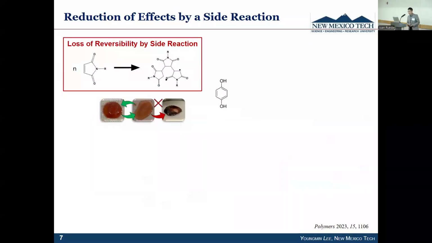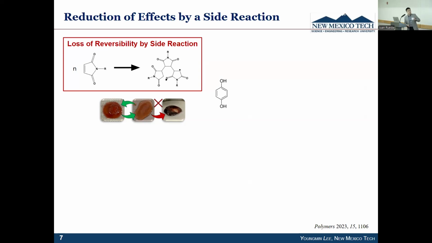Next, during this project, we found a side reaction causing loss of recyclability. In the initial state, we can observe a good transition from solid-like material to liquid-like material. But during this transition, at some point, they lost the transition and just got stuck in the solid state.